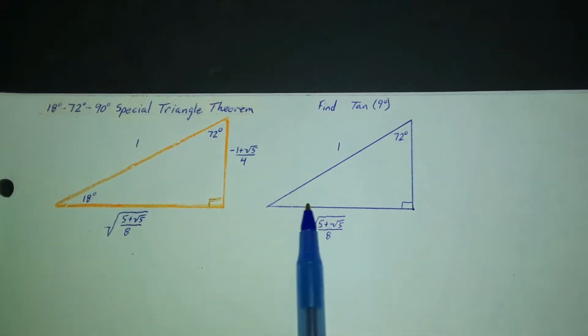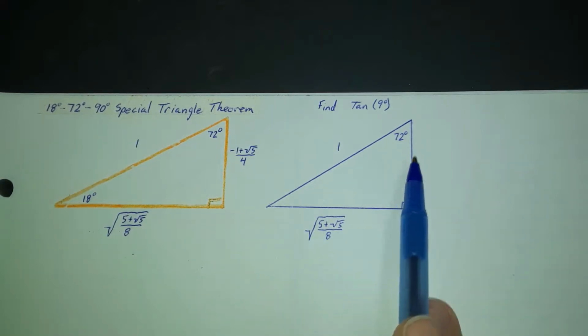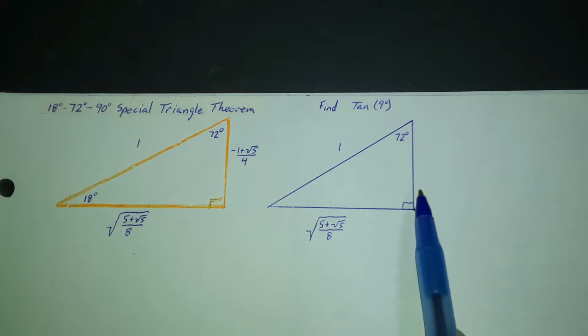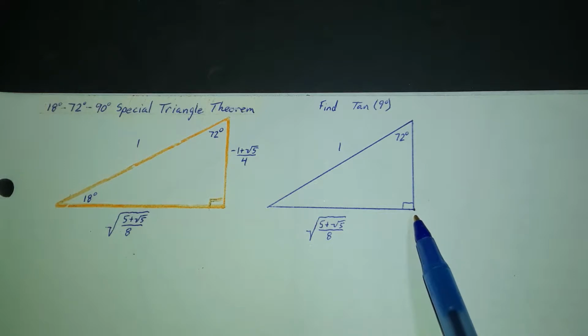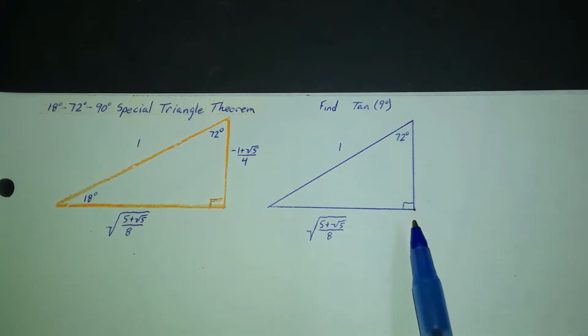I want to cut this angle, which is 18 degrees, in half. So I want to create a bisector through here. That's going to split this opposite side. The theorem does not say that this side is split in exactly 2 congruent pieces. There are multiple ratios that this side could be cut into.